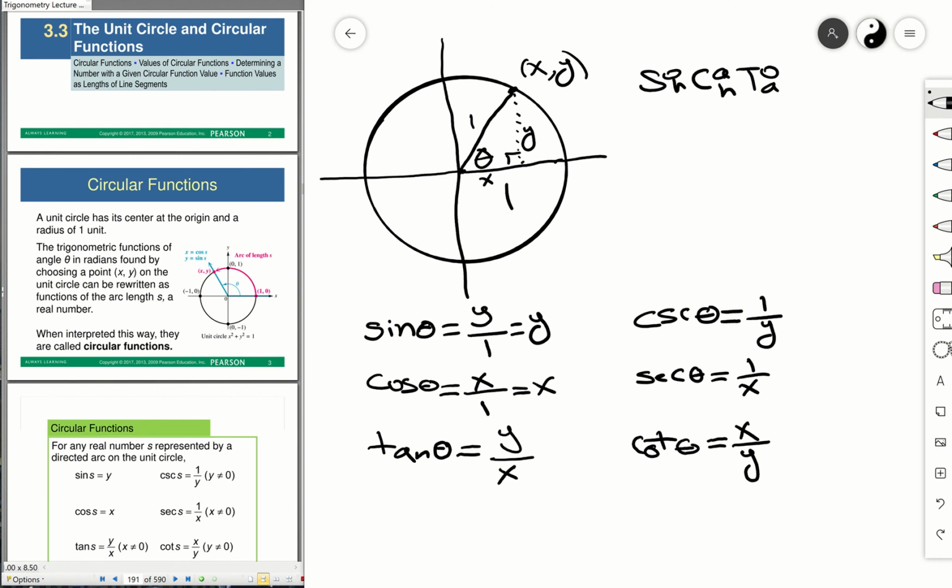So notice that the domain for sine and cosine is going to be all real numbers.